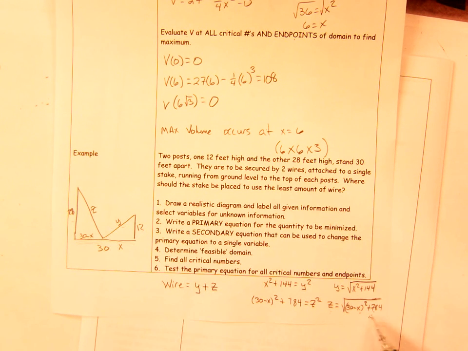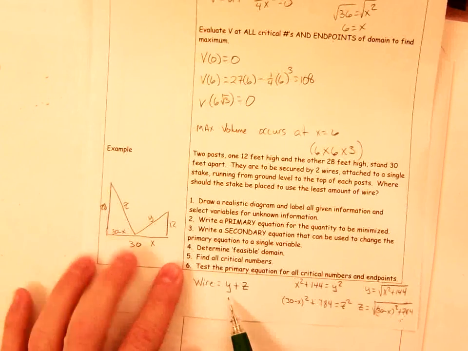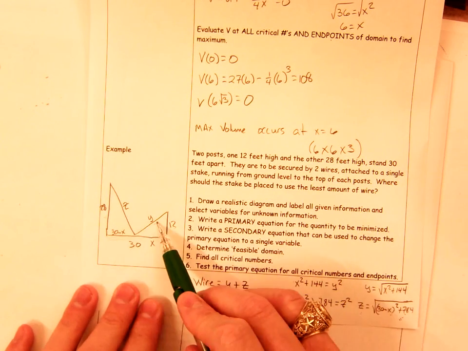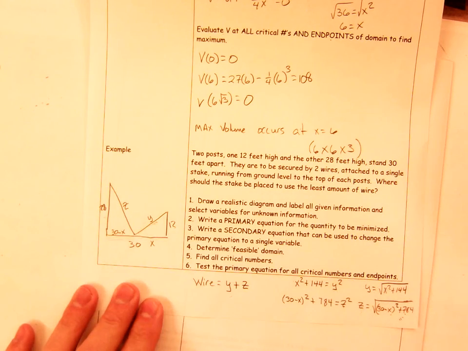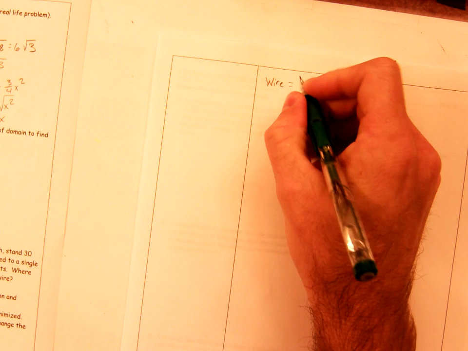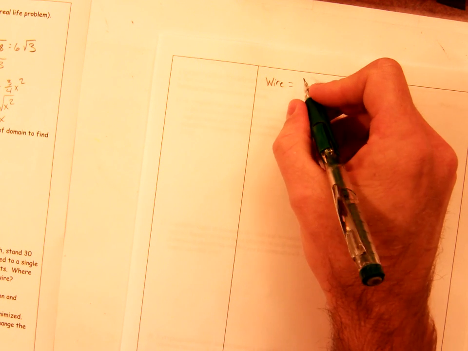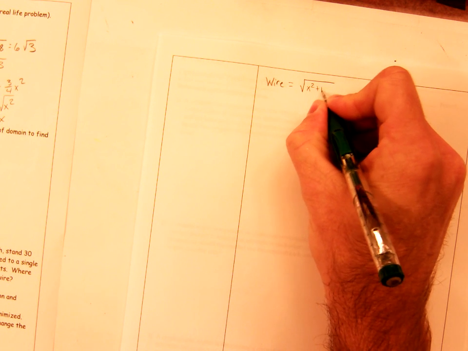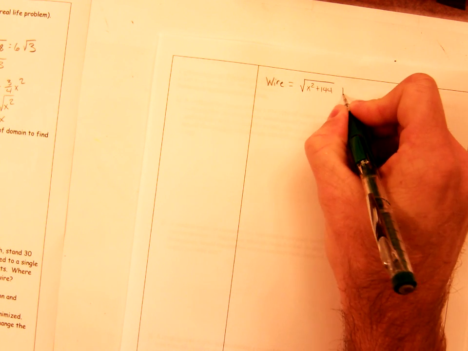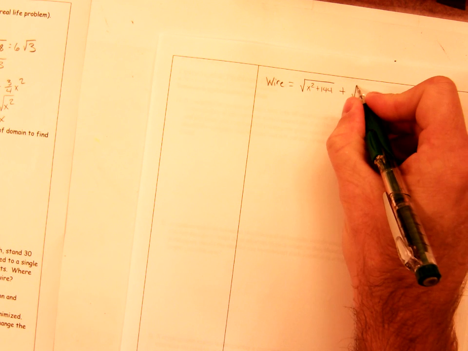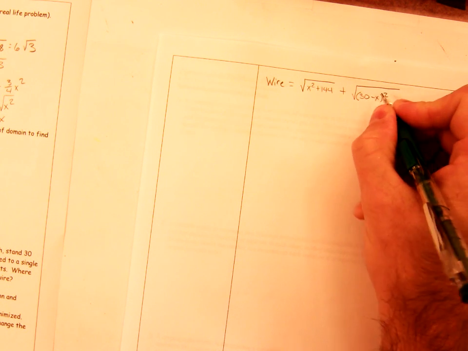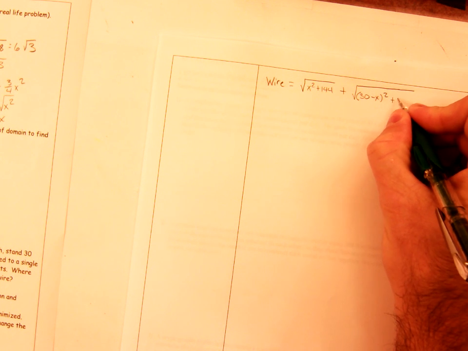All right, now the amount of wire that we're looking for is y plus z. All right, so let's write that out. So y is the square root of x squared plus 144, plus z, which is the square root of 30 minus x squared plus 784.